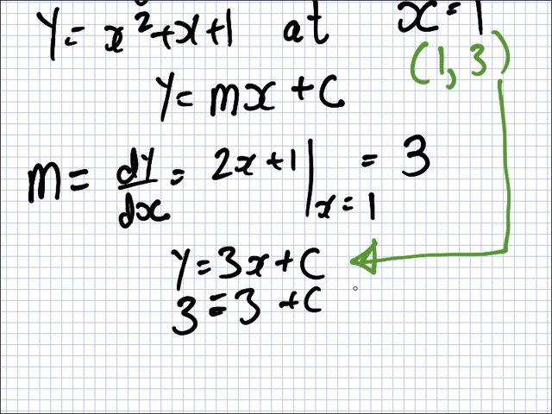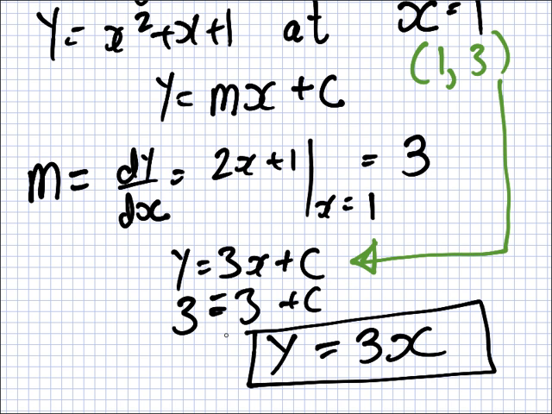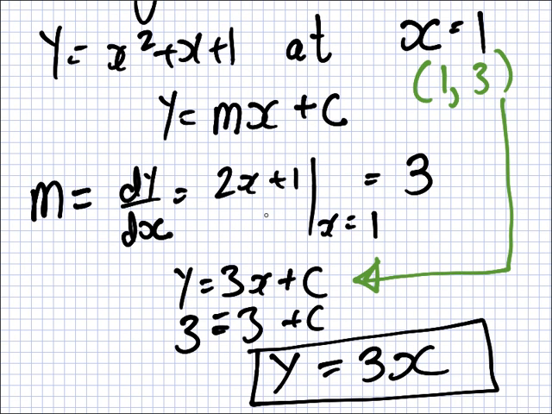C is 0. So the answer is just y equals 3x. That's the tangent line. So interestingly, this tangent line passes through the origin. Okay. That's a typical exam question. Very typical. You can write that down.